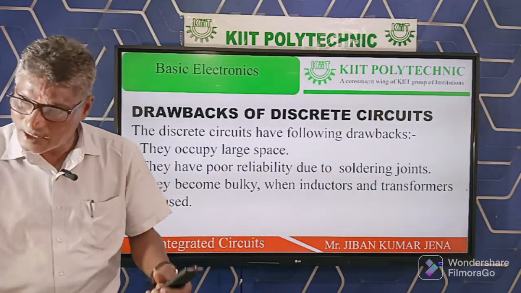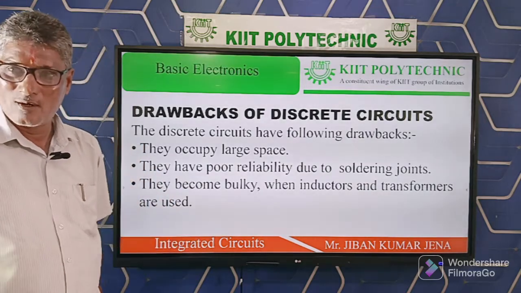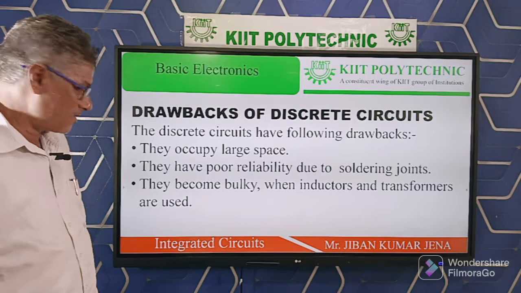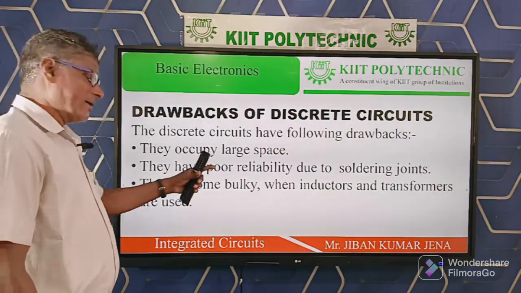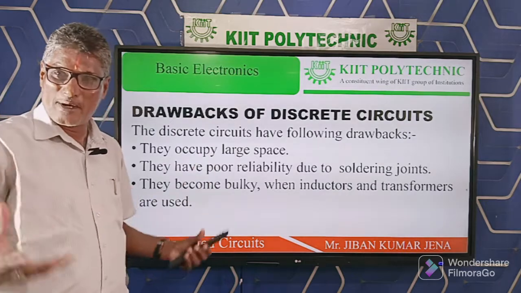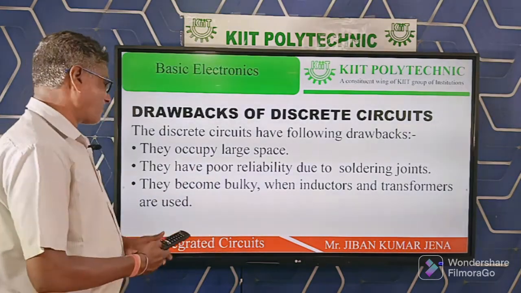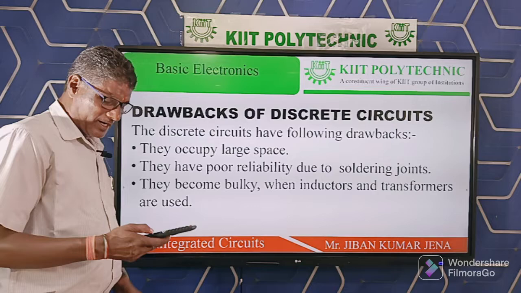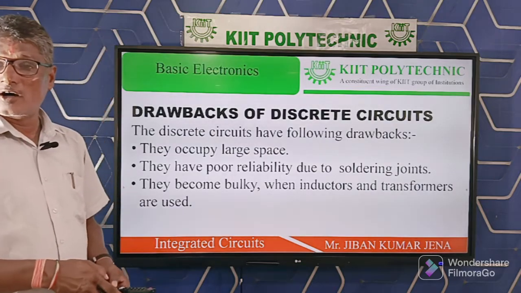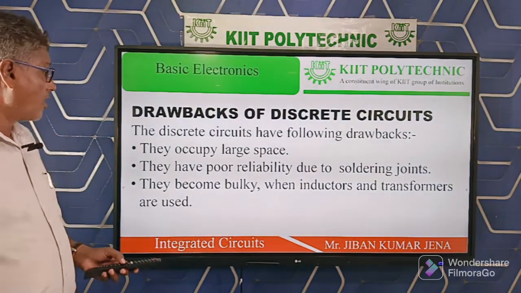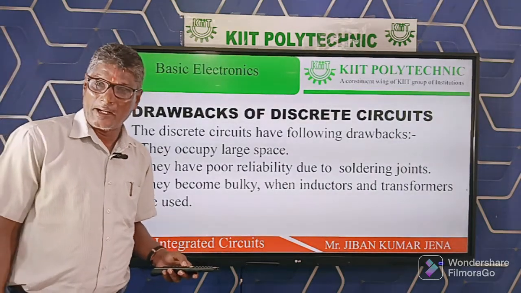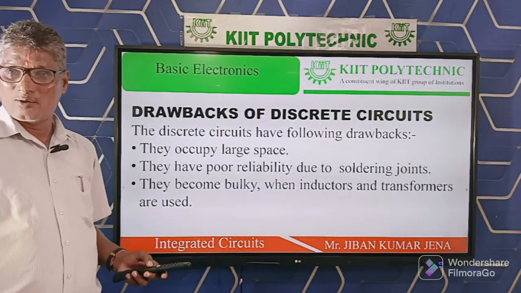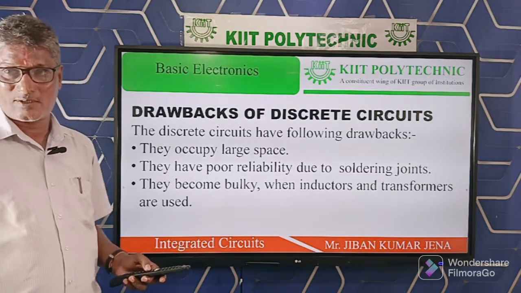So by using these components, due to the heavy weight, you will find it is heavy, bulky. So these are some of the drawbacks or disadvantages or demerits of your discrete circuit. Why the discrete circuit is not being used nowadays in place of ICs.